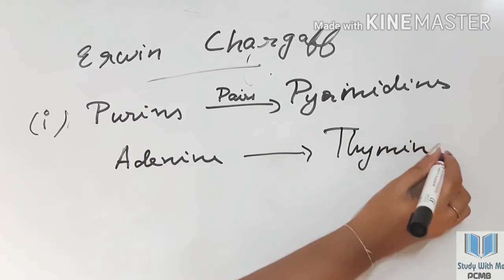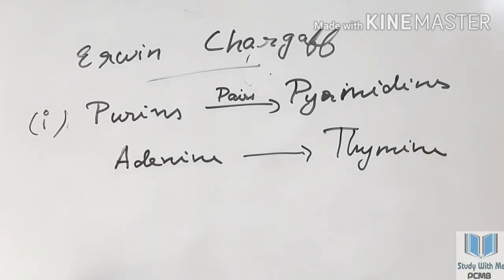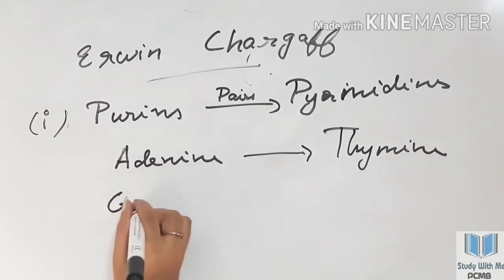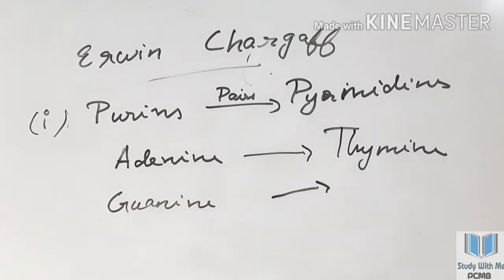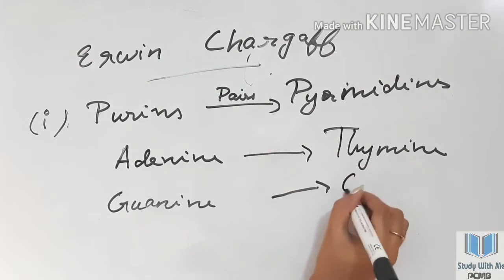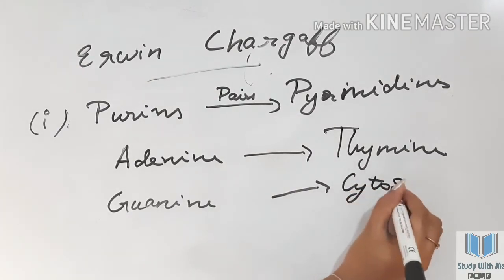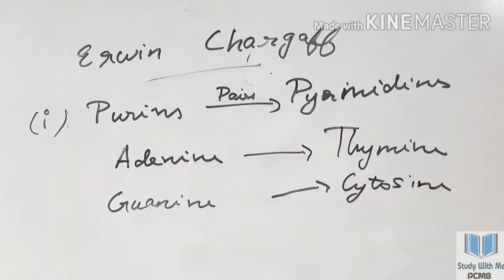Adenine pairs with thymine, the same way guanine pairs with cytosine. So this is the pairing.